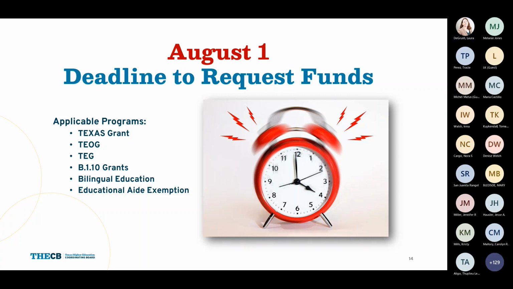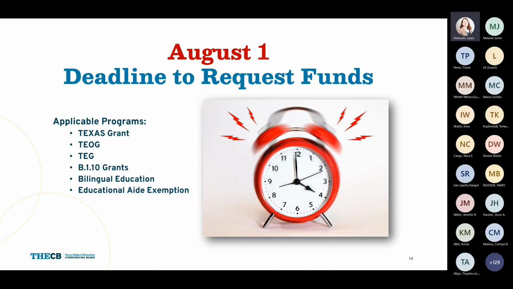August 1st is the deadline to request funds for the grant programs, specifically Texas Grant, Texas Educational Opportunity Grant, Tuition Equalization Grant, the B110 Additional Funds, Strategy Funds, Grant Funds, Bilingual Education, and Educational Aid Exemption. So keep that in mind. This is the deadline to request those funds for fiscal year 2022.